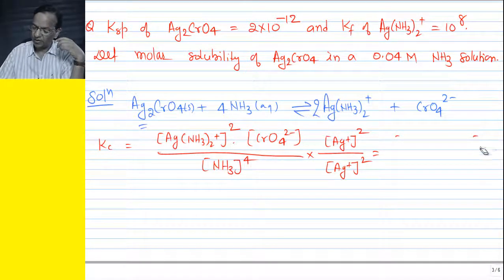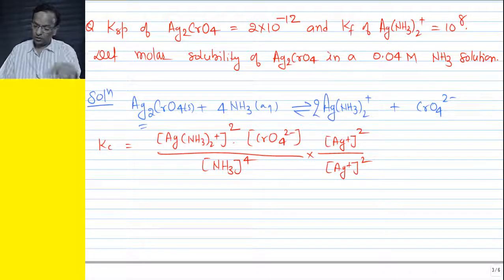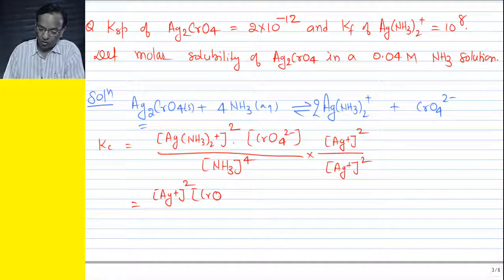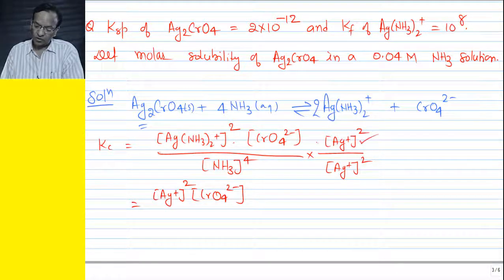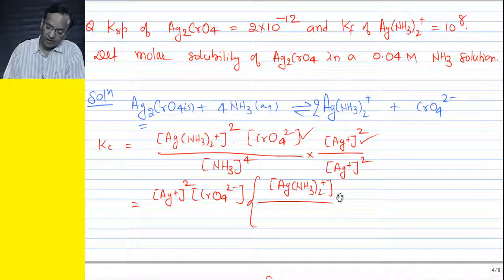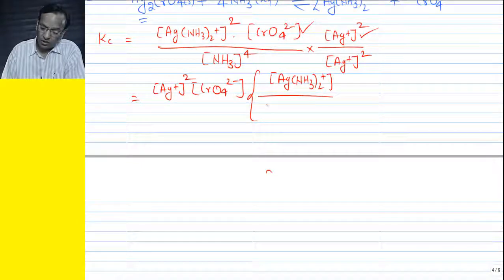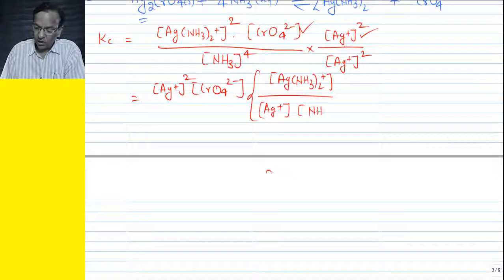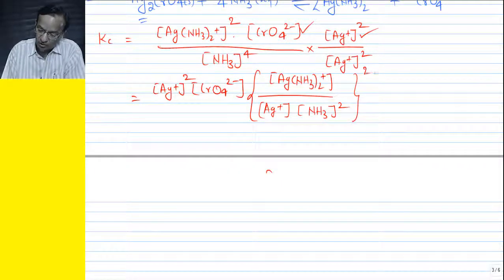Better we write it in a separate line. So it is equal to the concentration of silver ion square into the concentration of chromate ion, into the concentration of the complex ion Ag(NH3)2 plus divided by the concentration of silver ion into the concentration of ammonia square, and this whole square.